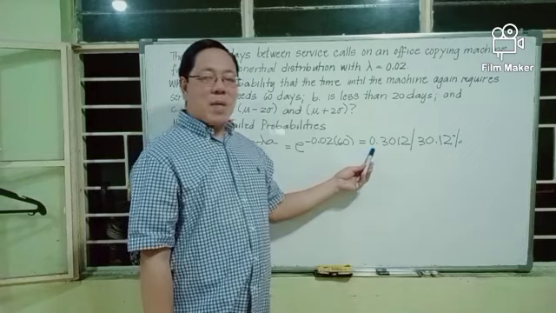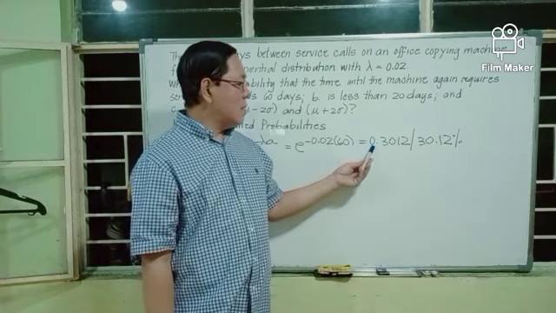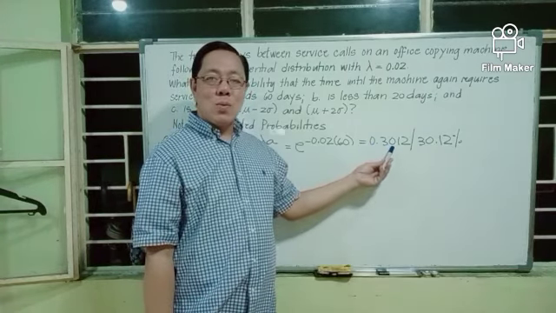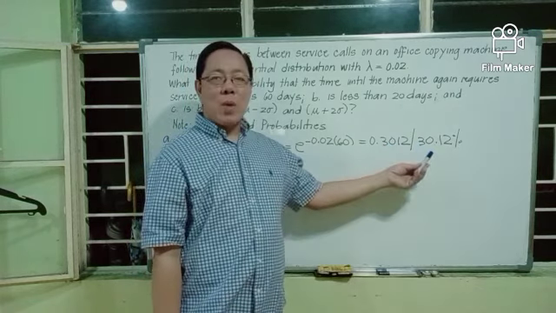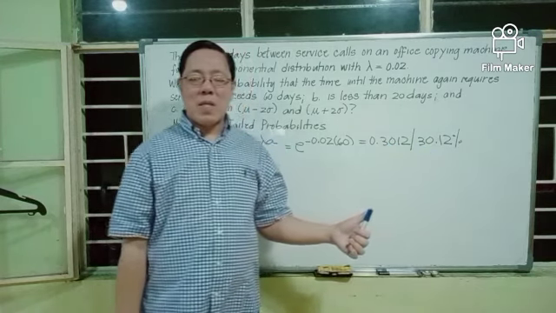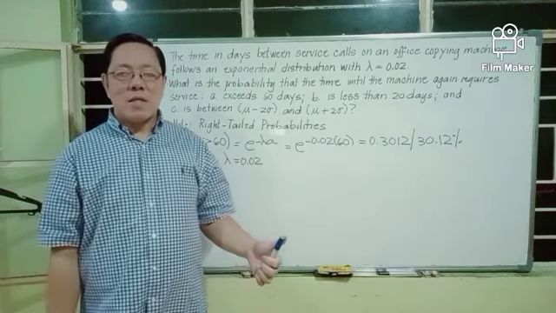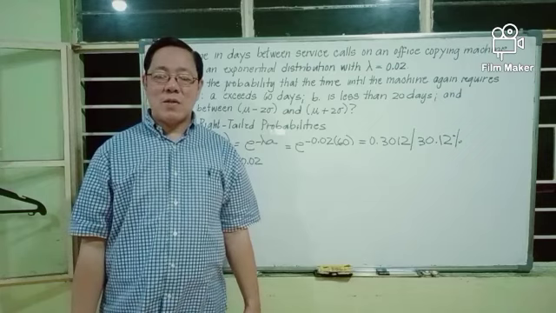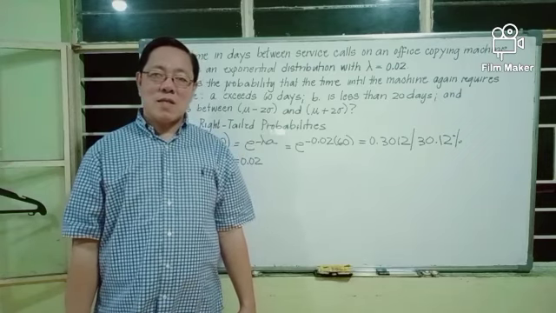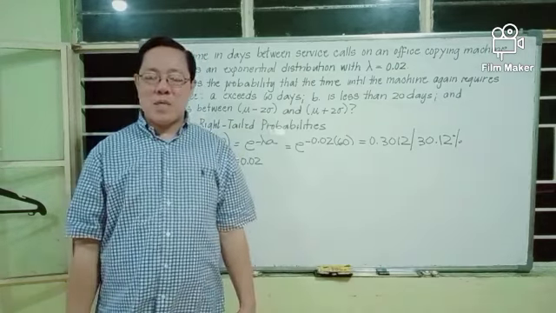To four decimal places, we get 0.3012, and multiplying by 100%, you get 30.12%. That is, the probability that the time before the copying machine requires another service call exceeds 60 days is 30.12% or 0.3012.